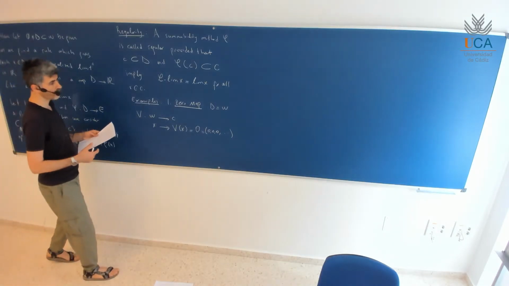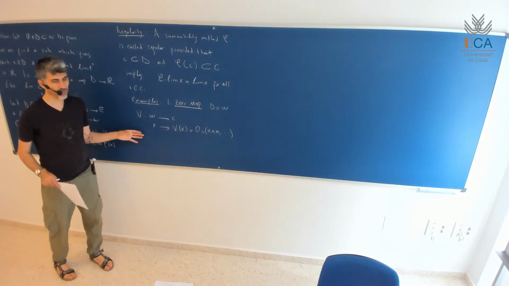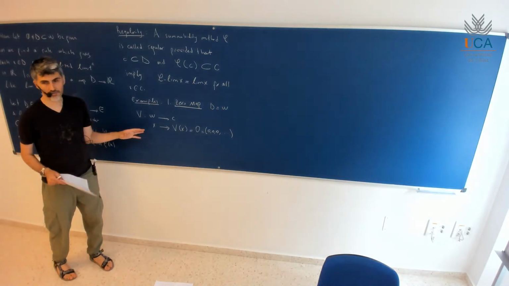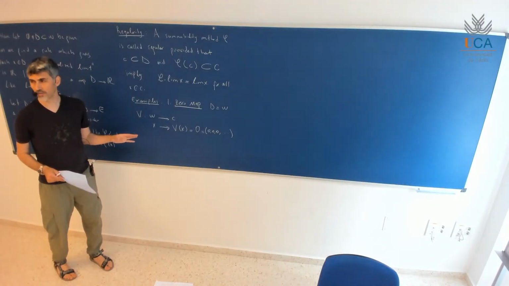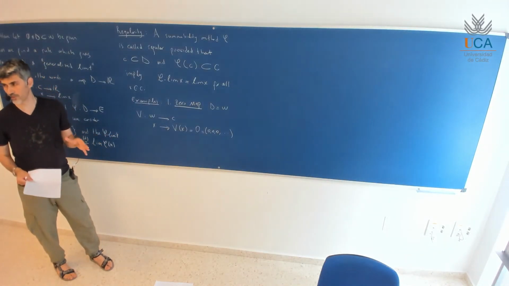Why? Because we know that infinitely many sequences from omega do not have an ordinary limit. There are some sequences which are divergent.